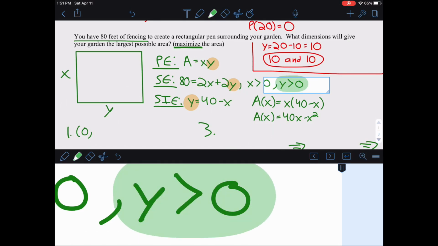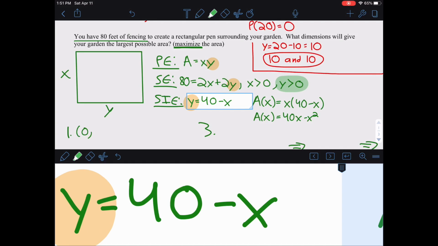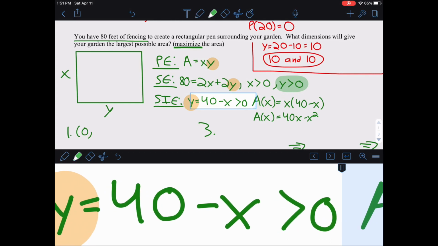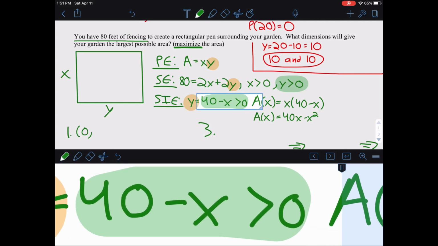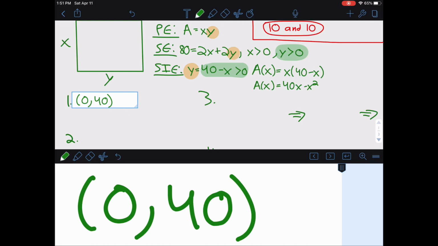I know y is greater than 0, I also know that y is equal to 40 minus x. So I'm going to set up a little inequality here, and this is going to give me the upper bound for x. So 40 minus x is greater than 0, which means that x has to be less than 40, and that is going to give me the upper bound for x.